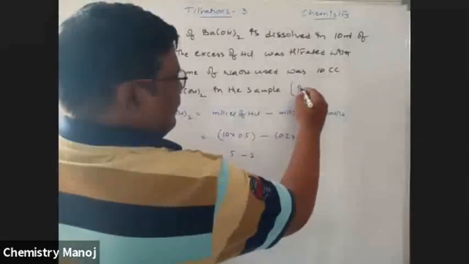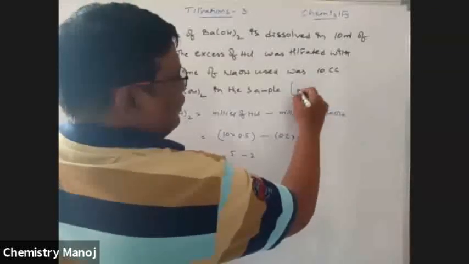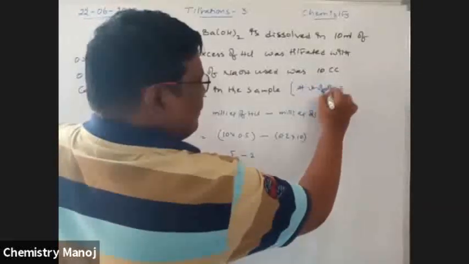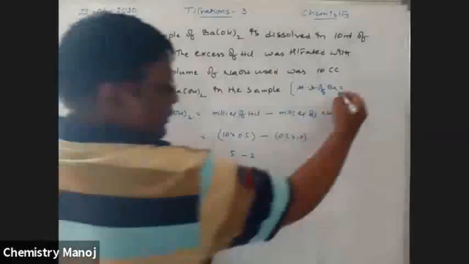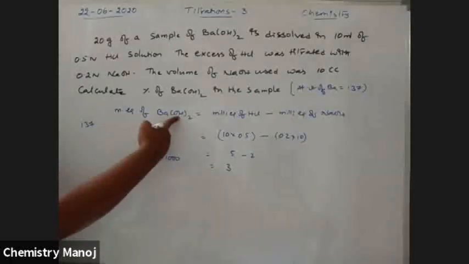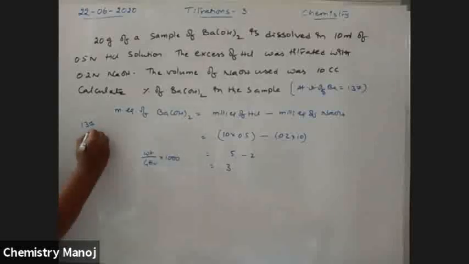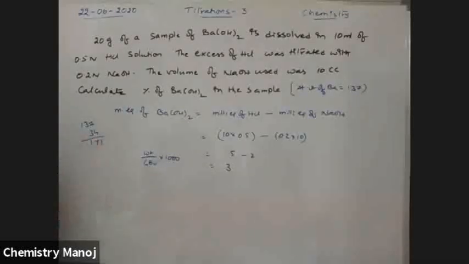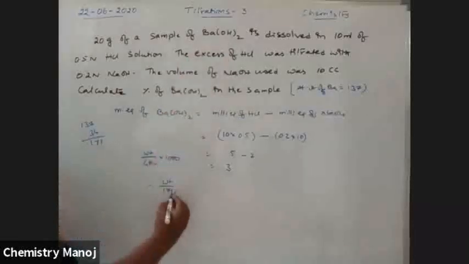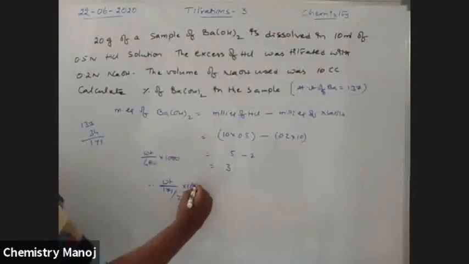So given, the atomic weight of barium is 137. Barium hydroxide: 137 plus 16 plus 1 is 17, 17 twice is 34, so 171. Therefore, weight by 171 by, it is a dibasic one, basicity 2, into 1000 is equal to 3.